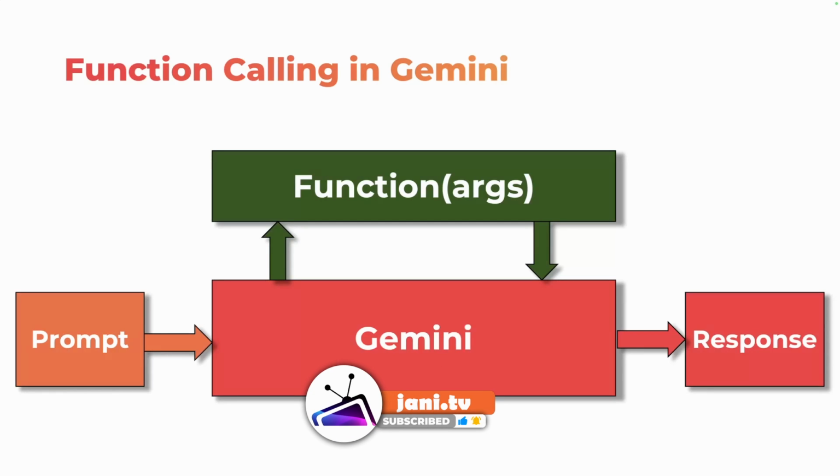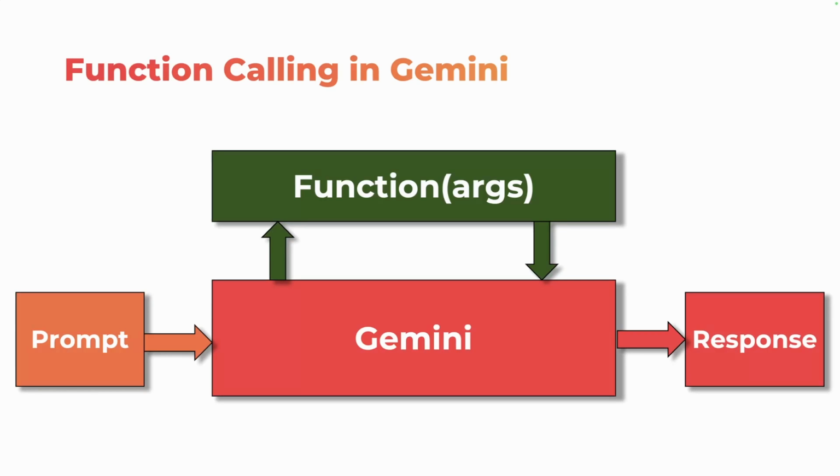I'm going to build a very interactive tool which is going to help us track flight status in real time. As you know, LLMs, including Gemini, have a cutoff time. They cannot answer queries related to real-time prompts or questions. For example, you cannot ask, what is the stock price of a company as on date?